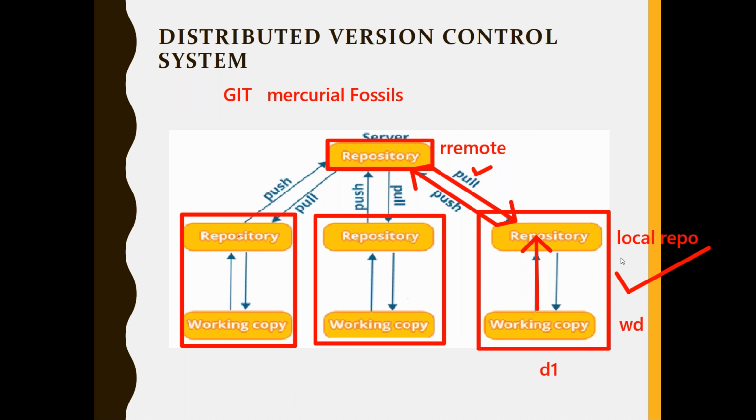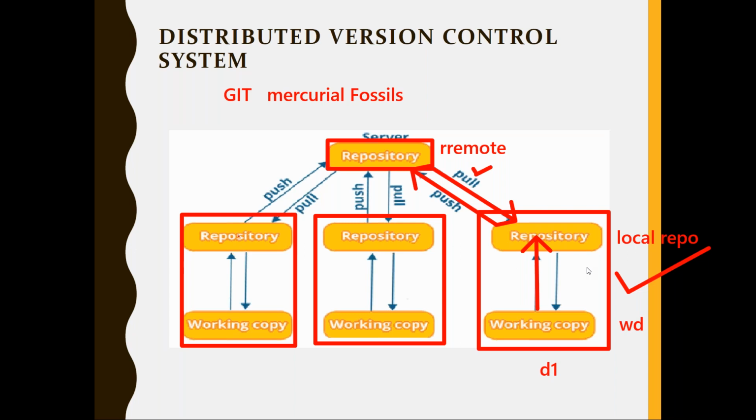Pull and push are less frequent. The majority of the time we work on local. Once everything is done, we push all of them at once, right? So push or pull are less frequent. It means you don't need a network connection all the time. Even though the network is disconnected, you can still continue to work on local. Once the network is restored, you can push the changes.